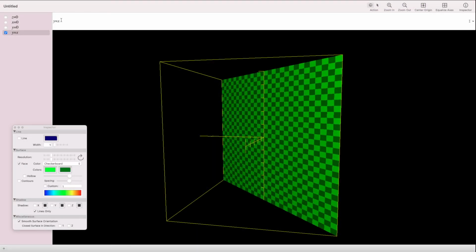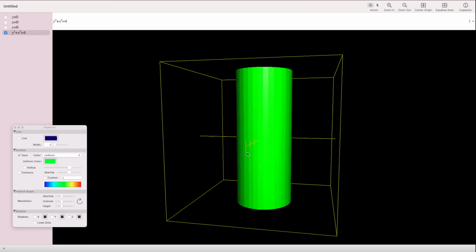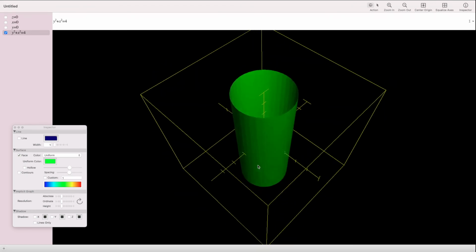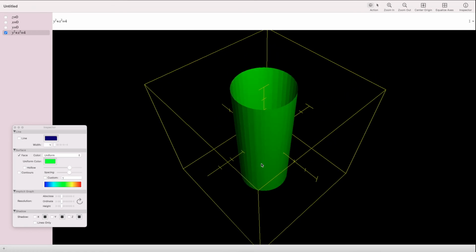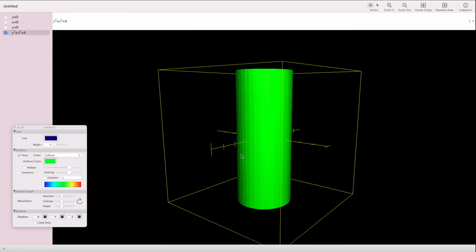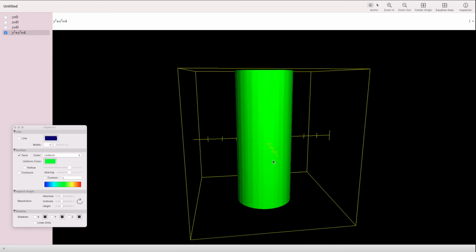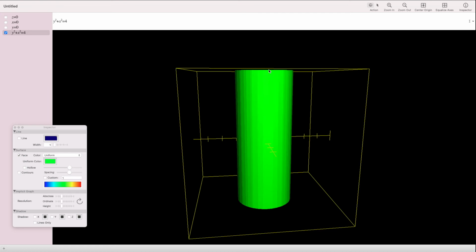Let me just show you the cylinder that was from the previous example. I'm gonna have x squared plus y squared equals 4. That's a cylinder. z is free, so I get this cylinder that moves along the z-axis.